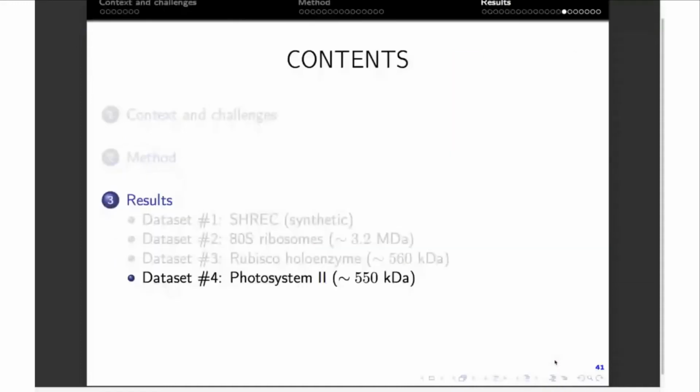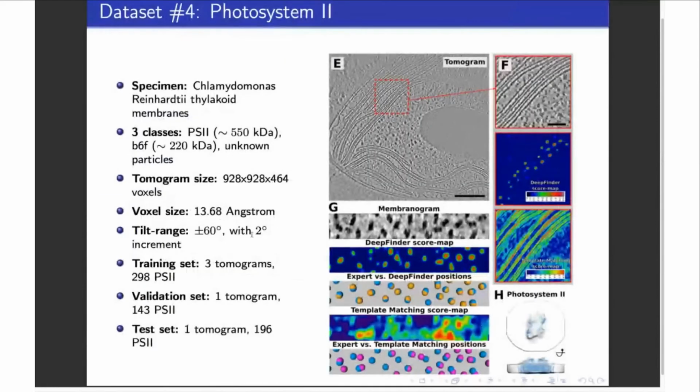Let us now move to the last dataset, where the focus is to detect photosystem 2 complexes. This dataset is the most challenging because PS2 is small, and also because it is a membrane protein, which is more difficult to detect. And an additional difficulty is that here the training set is very limited.